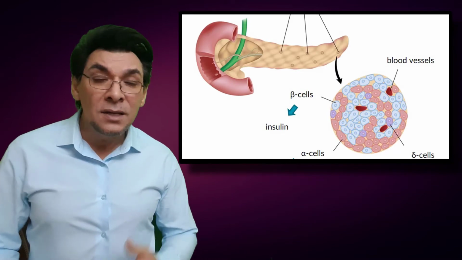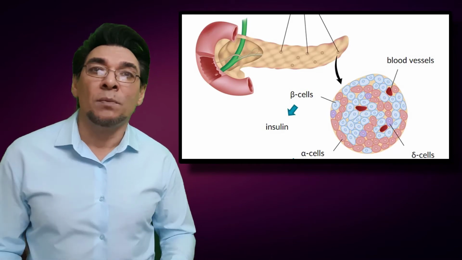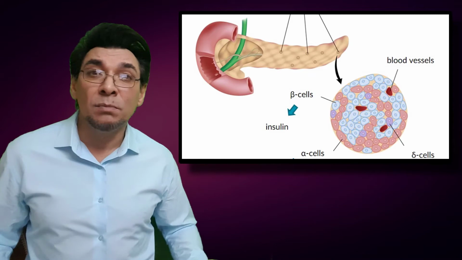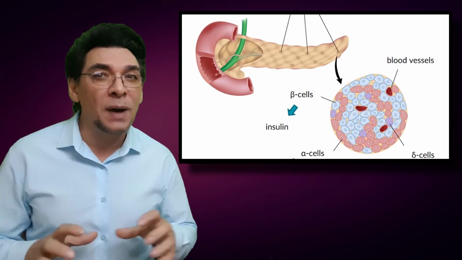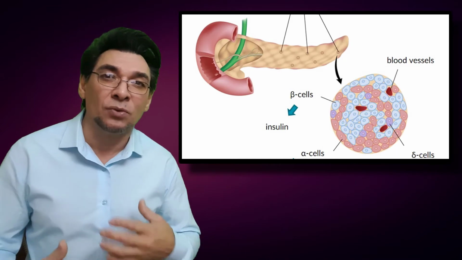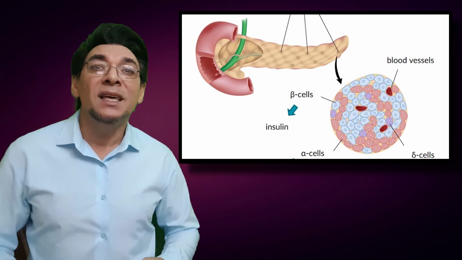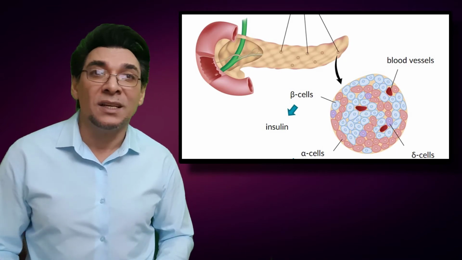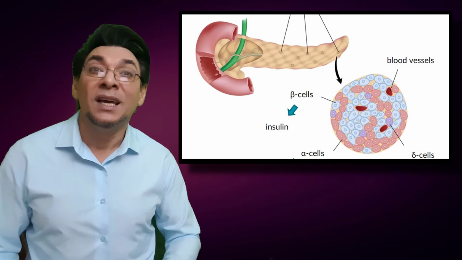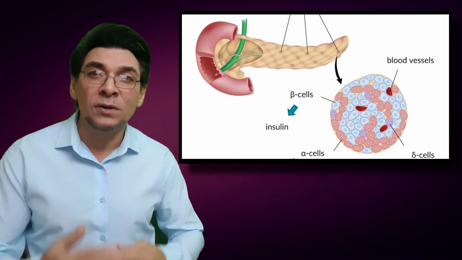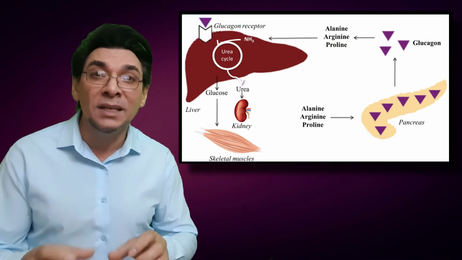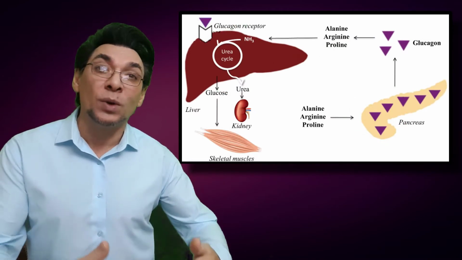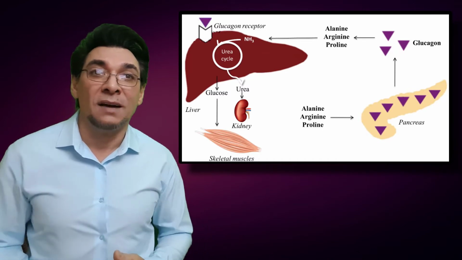Glucagon is released from the alpha cell when blood glucose levels are low. Glucagon binds to membrane-bound receptors primarily in the liver, causing the glycogen stored in the liver to be converted to glucose. The glucose is then released into the blood to increase blood glucose levels.